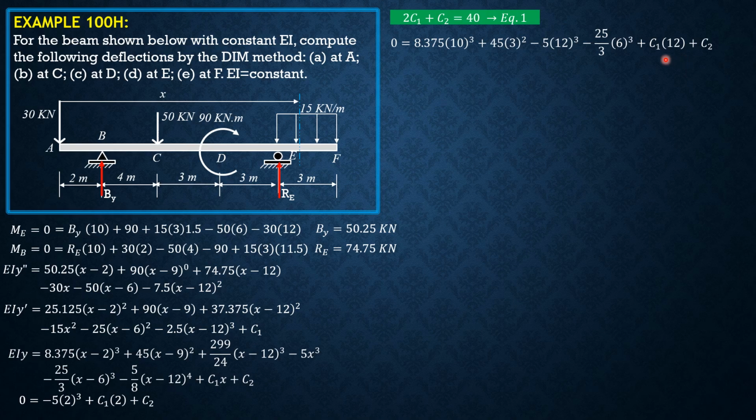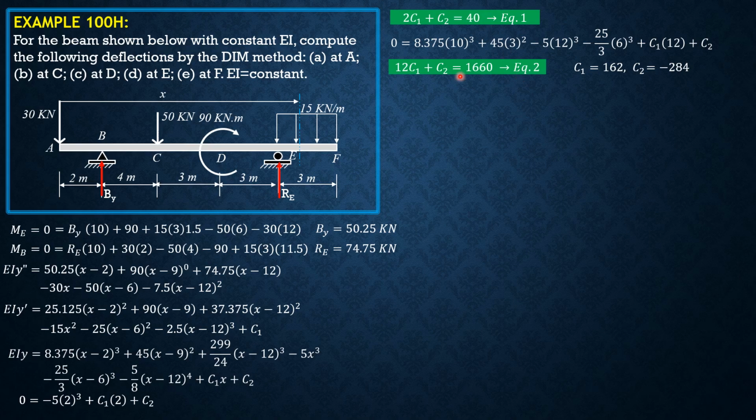So establishing the second equation, 12C sub 1 plus C sub 2 equals 1660. Solving equations 1 and 2 simultaneously, we get C sub 1 equals 162 and C sub 2 equals negative 284.